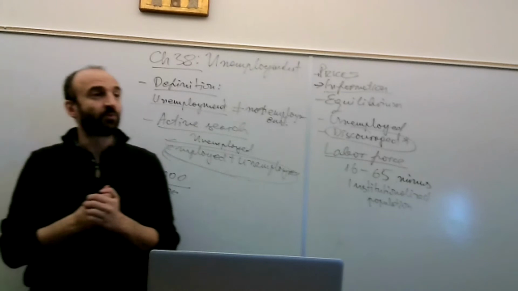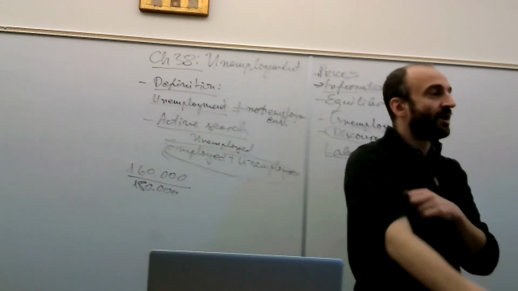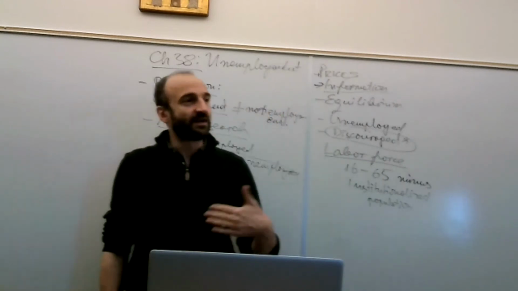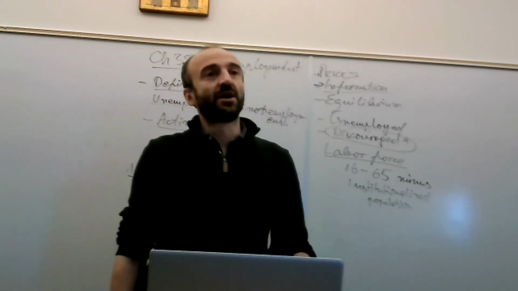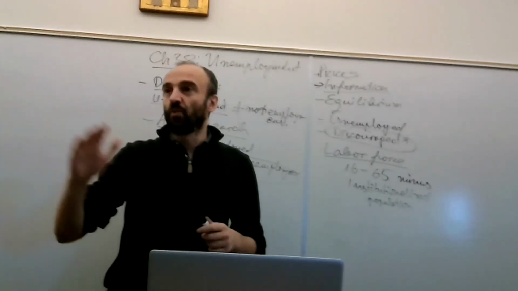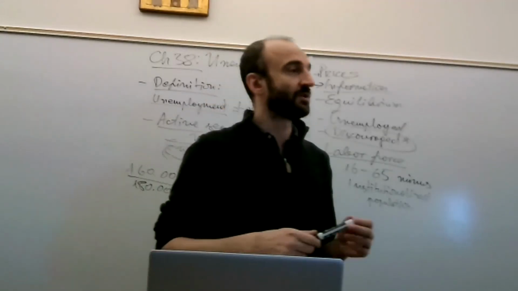So the unemployment figures in America 2008 to 2015 were too optimistic. They were underestimating the level of economic problems because a significant part of the labor force was outside of the labor market. They were not applying for jobs.